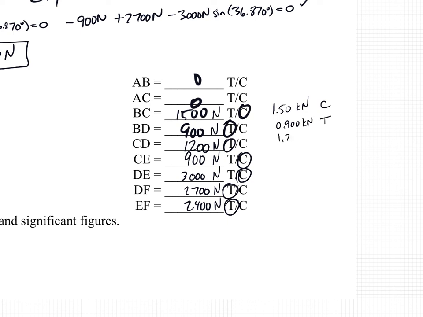This should have been 1.20 kilonewtons in tension. 0.900 kilonewtons in compression. This should have been 3.00 kilonewtons in compression and 2.70 kilonewtons in tension and 2.40 kilonewtons in tension.